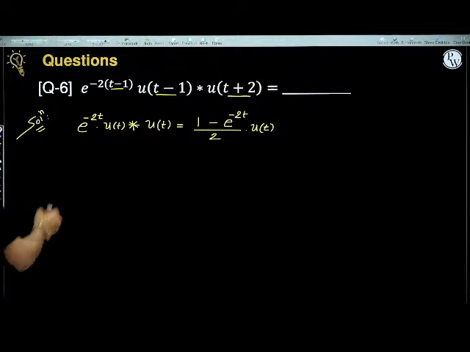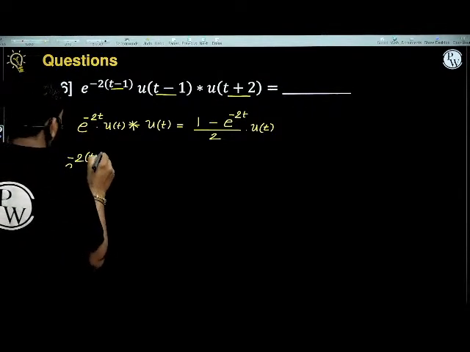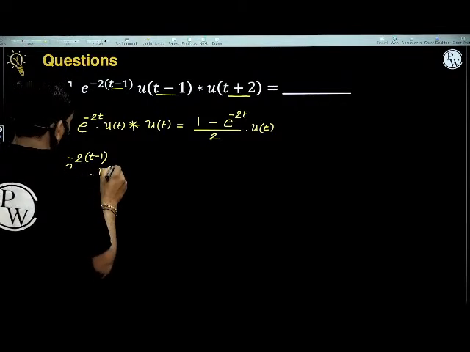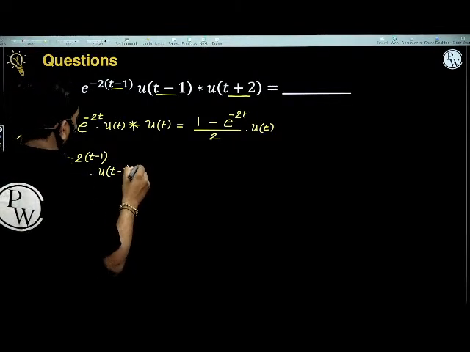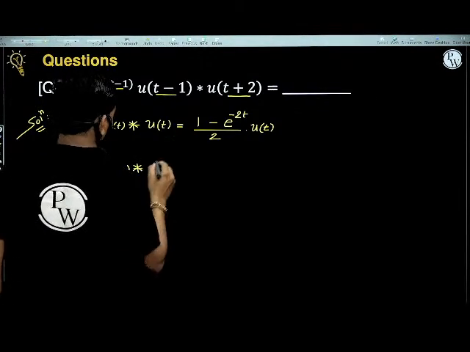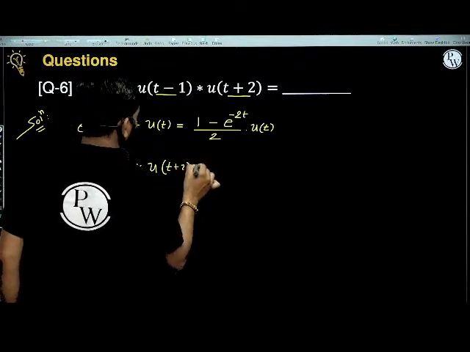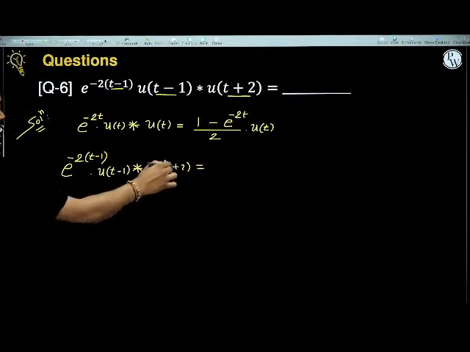Now next, time shifting: here t becomes t minus 1, here also t becomes t minus 1, convolved with u of t, where t becomes t plus 2. So this is delayed by 1 second and this is advanced by 2 seconds.